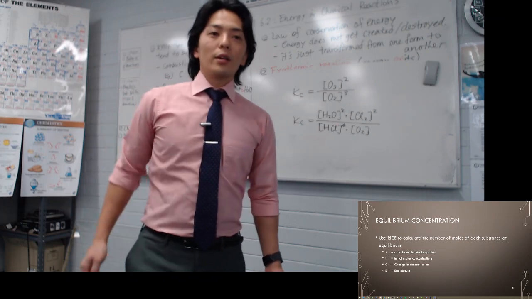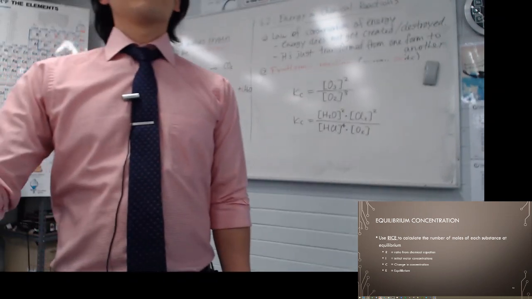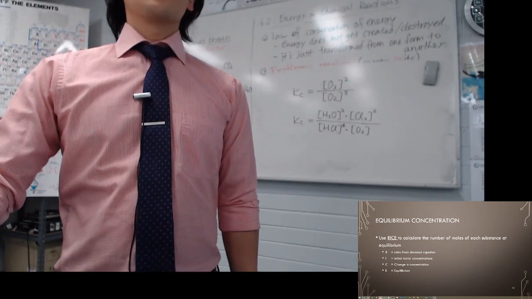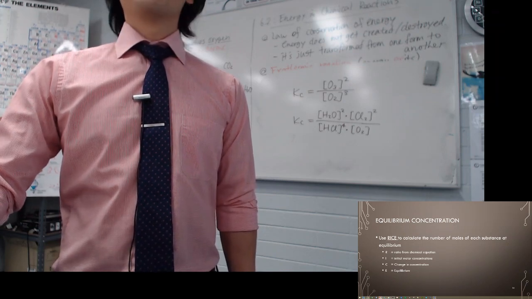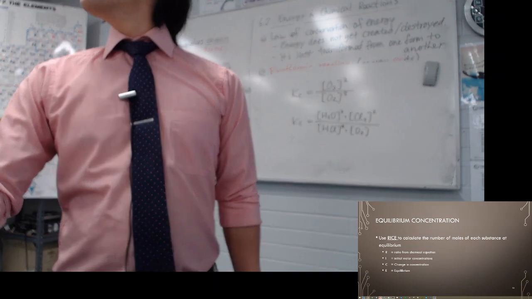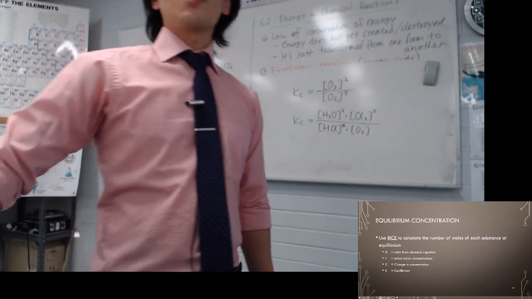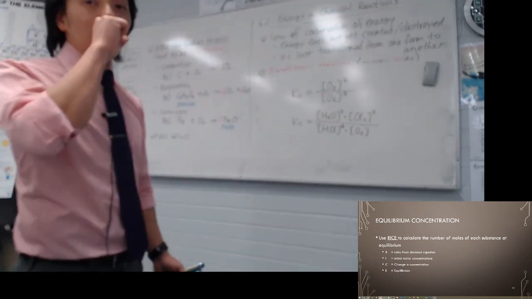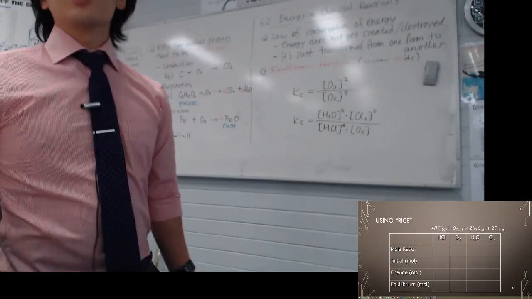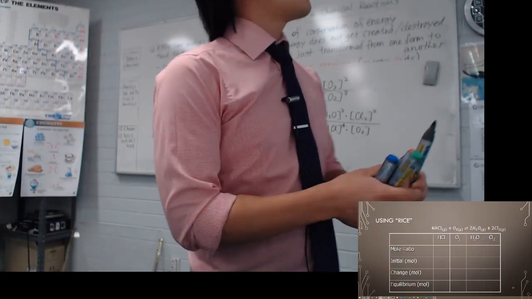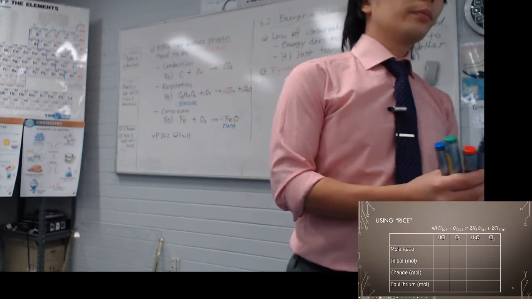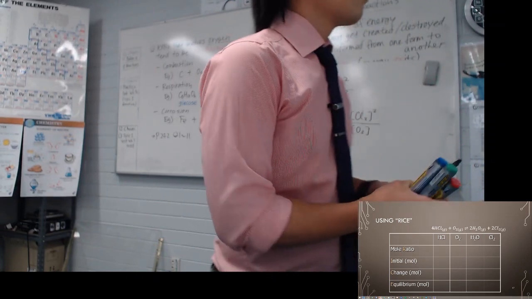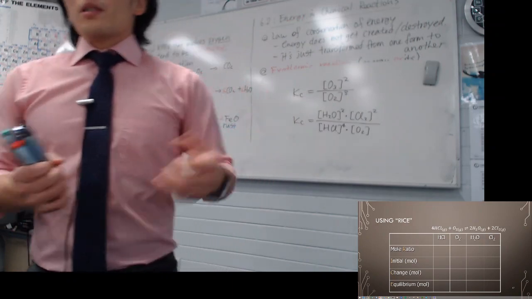On the next slide, you would already see an answer, so let me go through this before you look at the numbers, because I want you to go through it together. Remember RICE for finding equilibrium or initial concentration. This is what RICE would look like. Use RICE to make a table and put the equation, or species, on top.